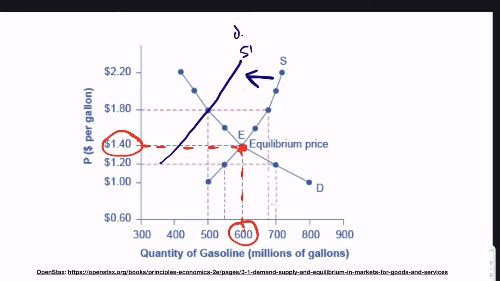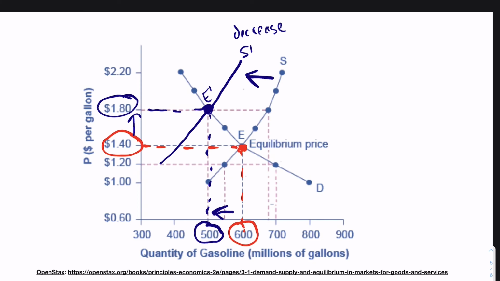Call this S1, and that's our decrease. We have a new equilibrium point right here, call it E1, and for this we see an increase in price. But now when we look at quantity, we see a decrease in equilibrium quantity.